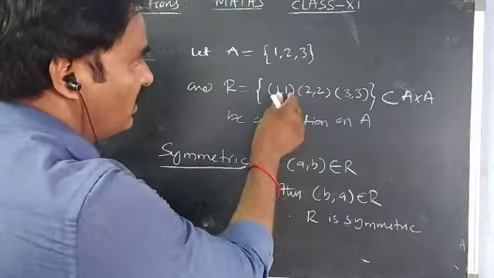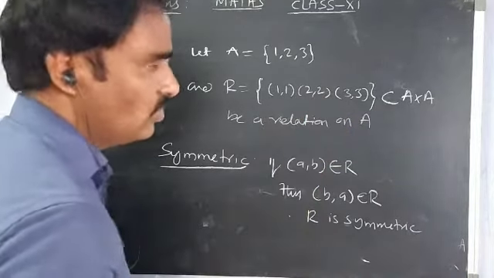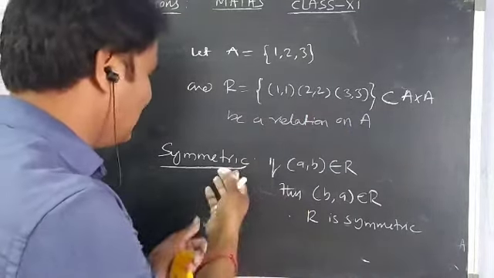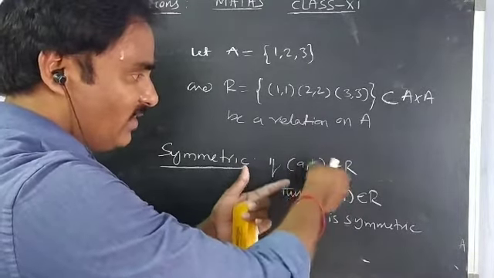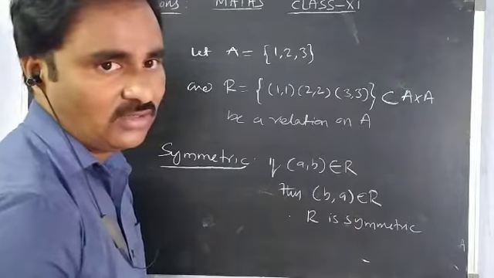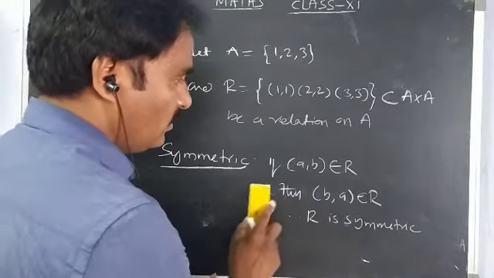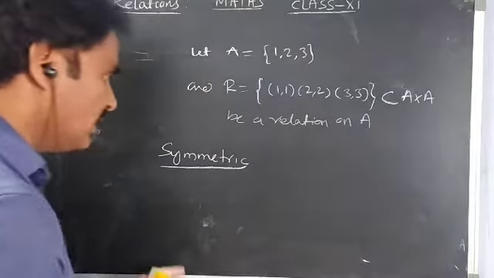See here, do ordered pairs with two different elements exist in this R? No, they do not exist. So we cannot show by interchanging the coordinates that it does not belong to R. So what can we write?